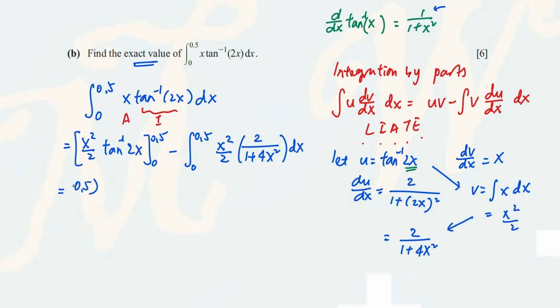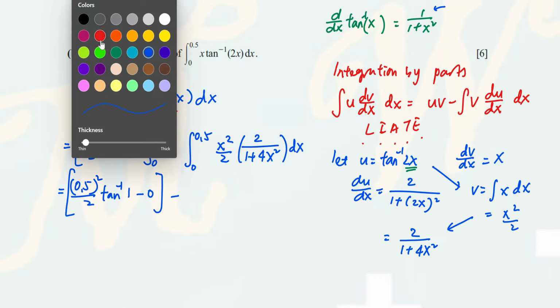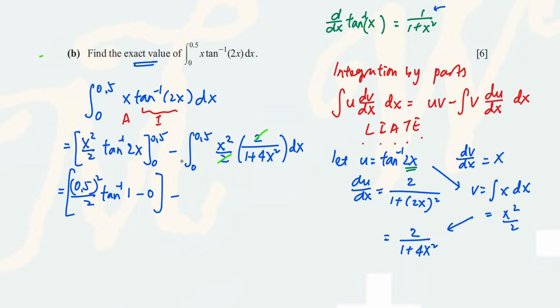So 0.5 squared over 2 arctangent of 2 times 0.5, which is actually 1. Then minus, when x is 0, everything is 0. Then minus, simplify. The 2s cancel off. So I will be getting the integration, limits 0 to 0.5, of x squared over 1 plus 4x squared.